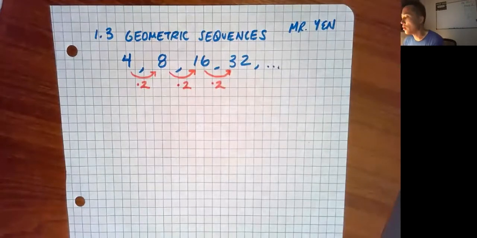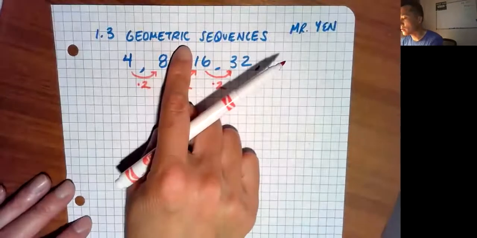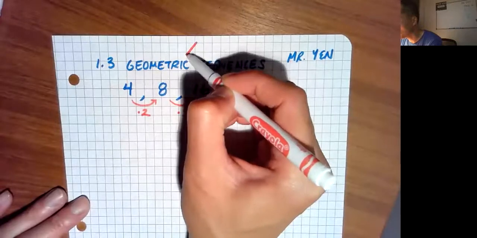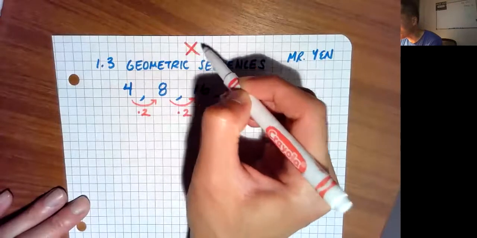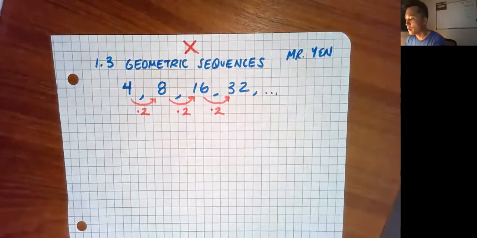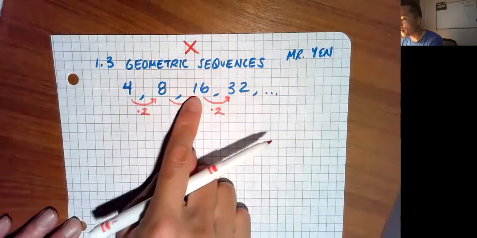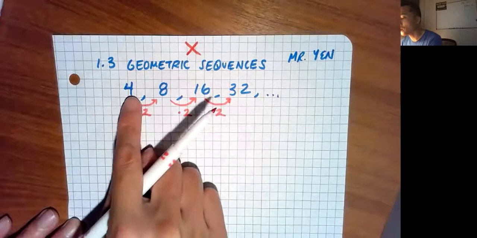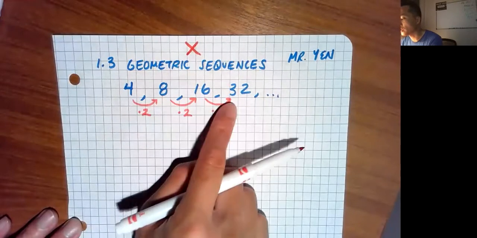And this is how we know that it is a geometric sequence. I'm going to put a big multiplication sign at the top here to remind myself that the difference between an arithmetic and a geometric sequence is: in an arithmetic sequence, you are adding by the same amount between each of the numbers. In a geometric sequence, you are multiplying by the same amount each time.